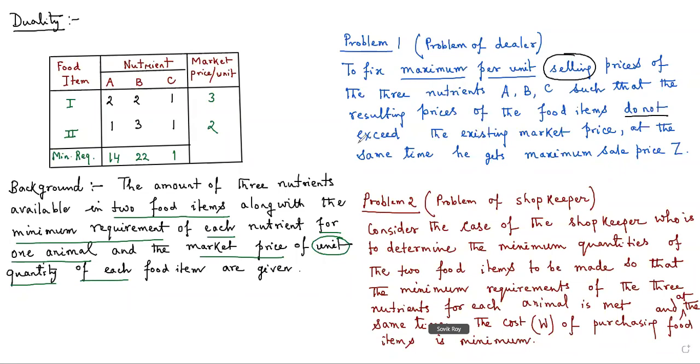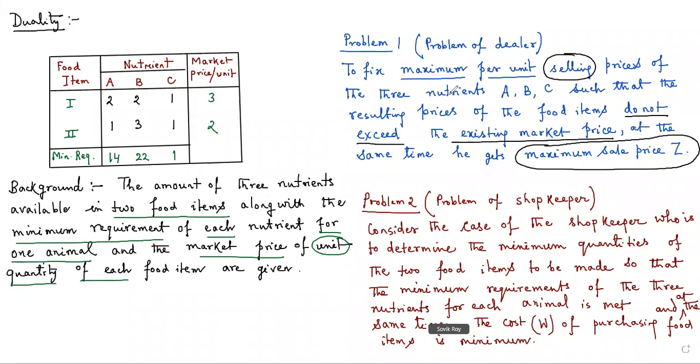I'm highlighting some important points. Okay, these are the constraints. At the same time, he gets maximum sale price, which he wants to denote by capital Z. So he wants to maximize his sale price. This is the problem of the dealer.